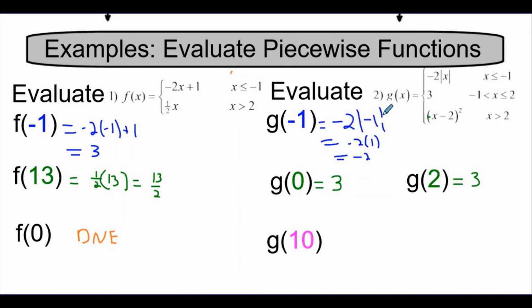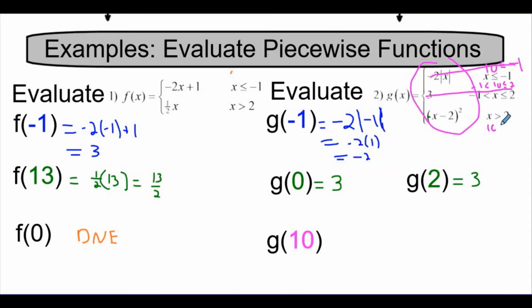Some students, when they see this, don't quite understand that I'm examining the domain, right? So I'm ignoring these. I'm ignoring this. And I'm coming over here and I'm saying, is 10 a smaller number than -1? Nope. So not doing that one. Is 10 a number that is between -1 and 2? Nope, that doesn't make sense.